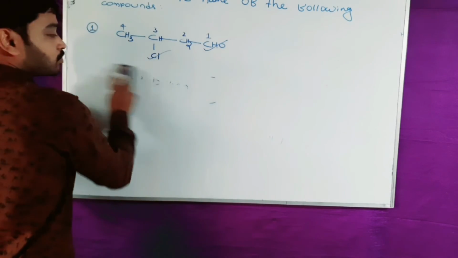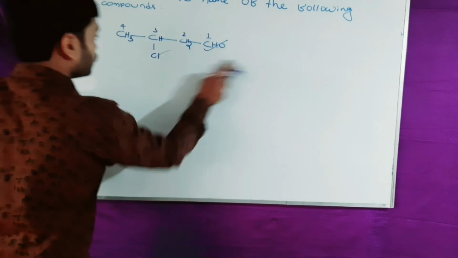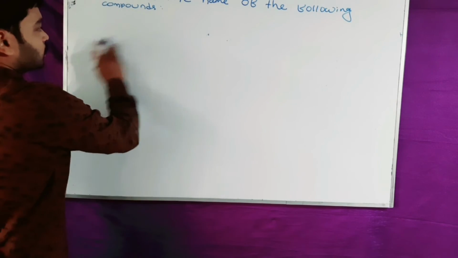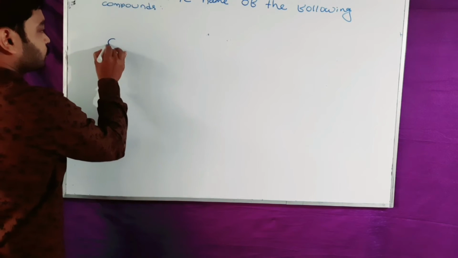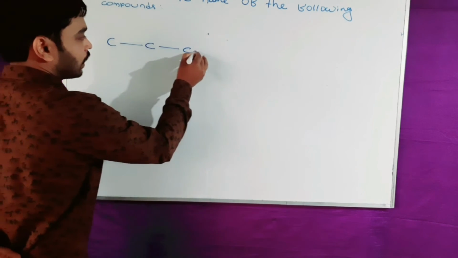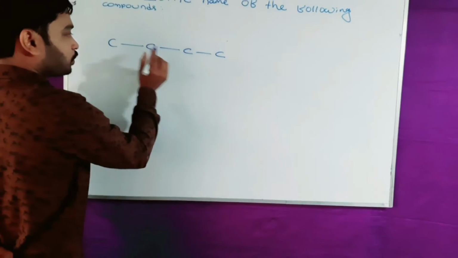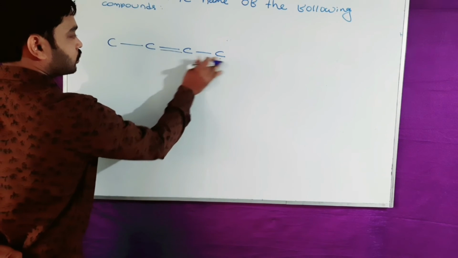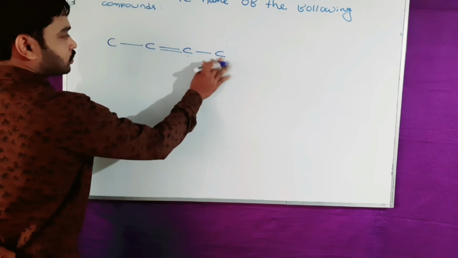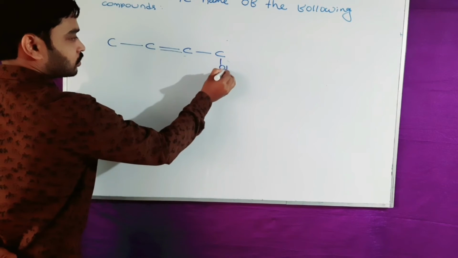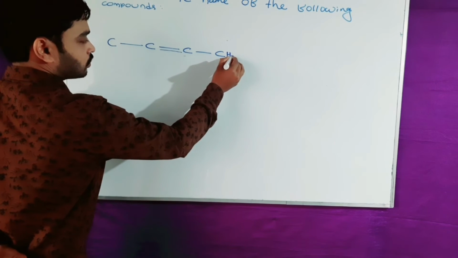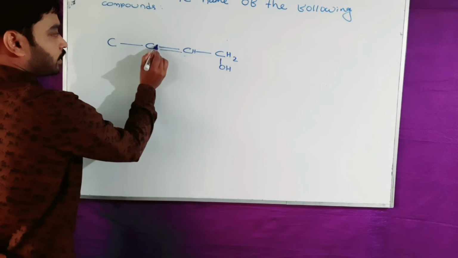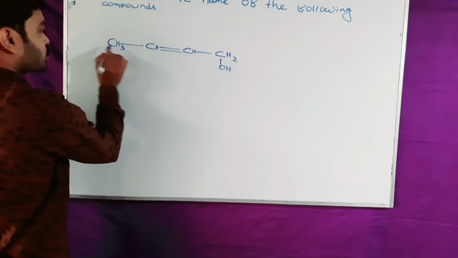I have shown you the use of polyfunctional groups and the use of line structure representation. Next, moving further, here is the use of polyfunctional groups again. Write it first. It is another question for you.